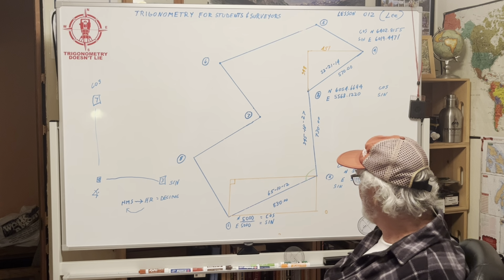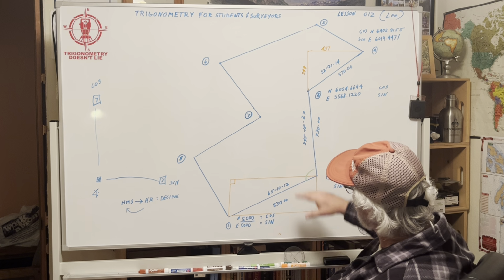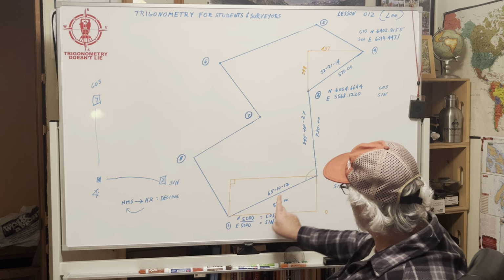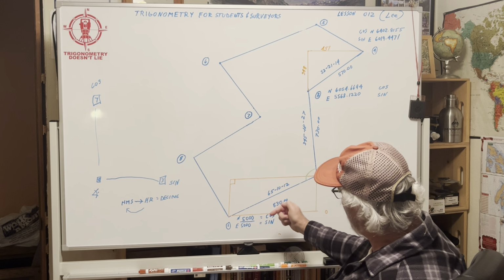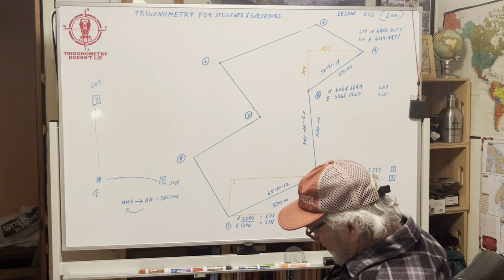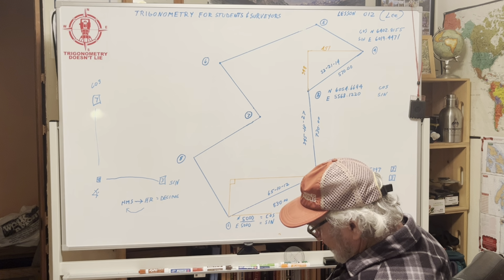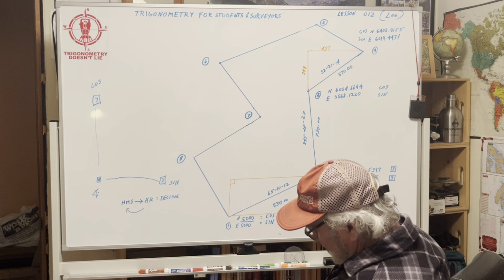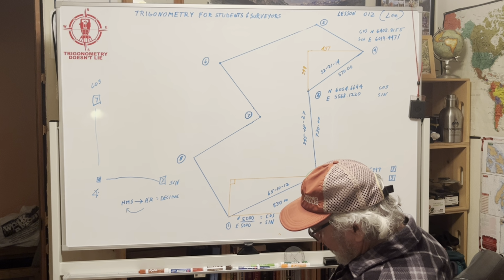Well, what's the angle? I'm going to work kind of backwards because we got our two numbers. So 65, 10, 12 is that direction. Well, you need your backsight. So we're going to go 65.1012. All right, convert that.